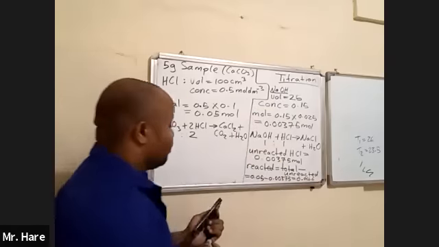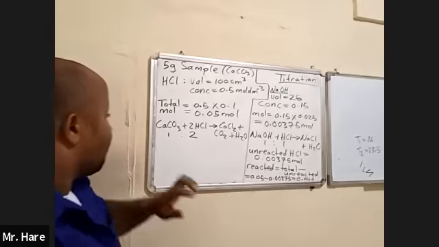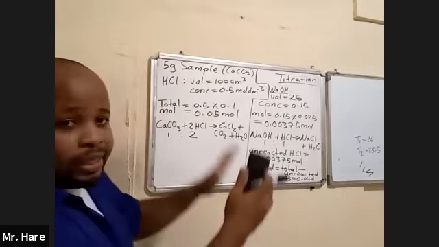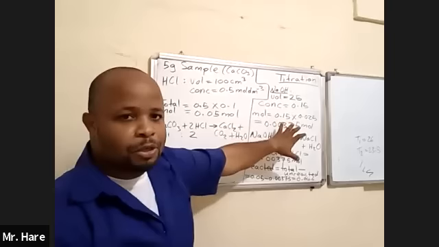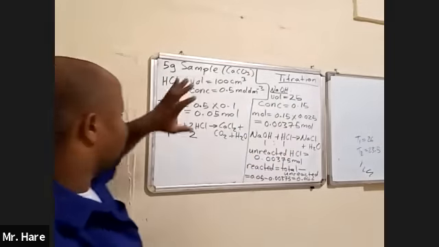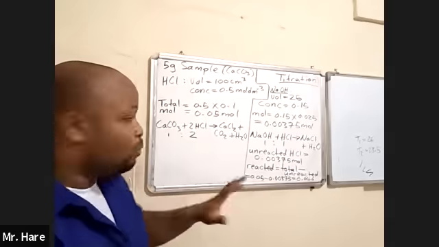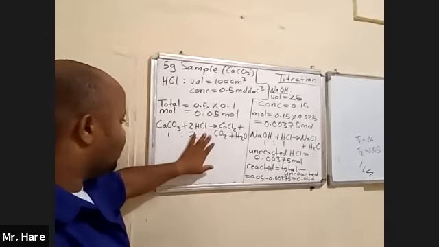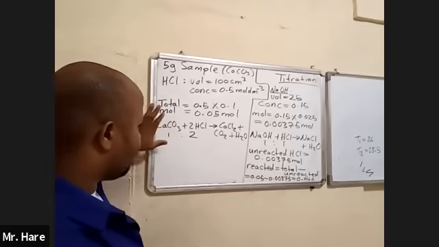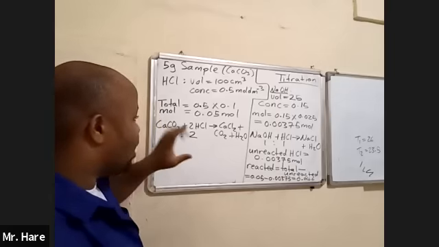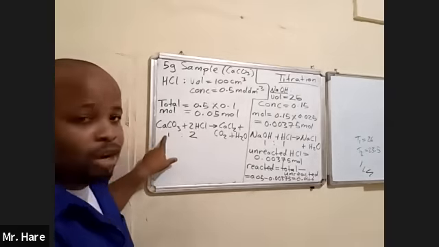All right. So let us just pause here and run back through quickly. We separate the question into one portion for the reaction and the next portion for the titration. In the reaction, we found out the total moles of HCl that was used, and we set up a balanced equation for the reaction and the mole ratio. We cannot do any more as yet because we don't know the actual number of moles of HCl that will react with the calcium carbonate.